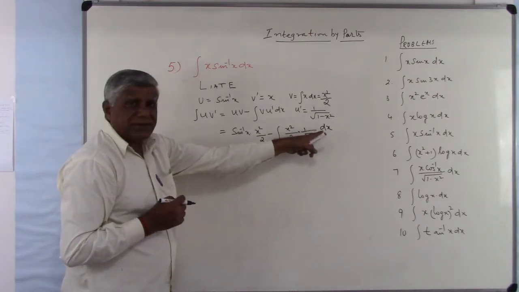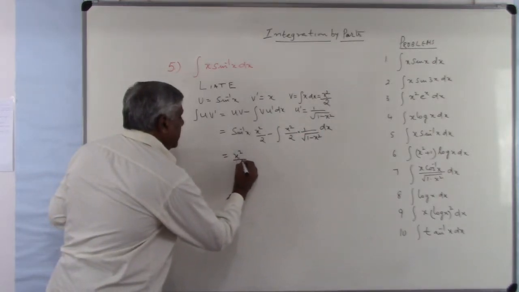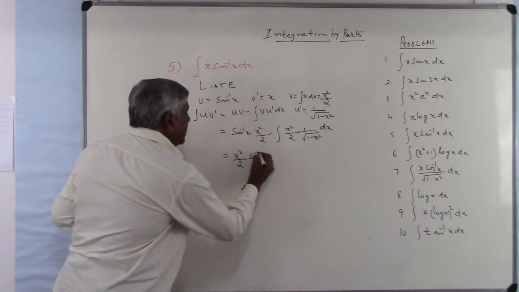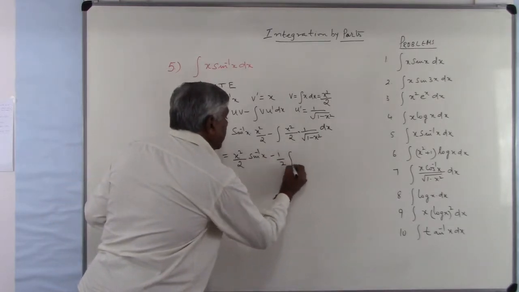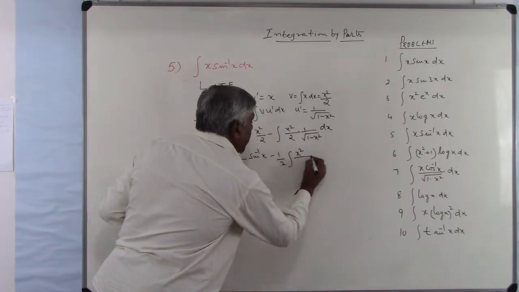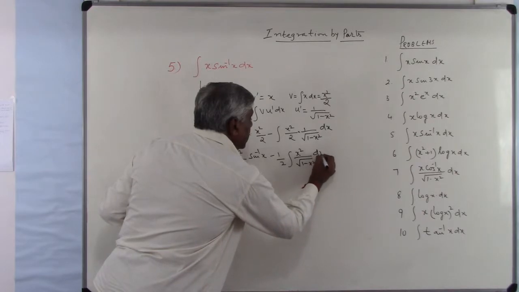Have you understood here? So now this is equal to x square by 2 sine inverse x minus integral x square by root of 1 minus x square into dx.